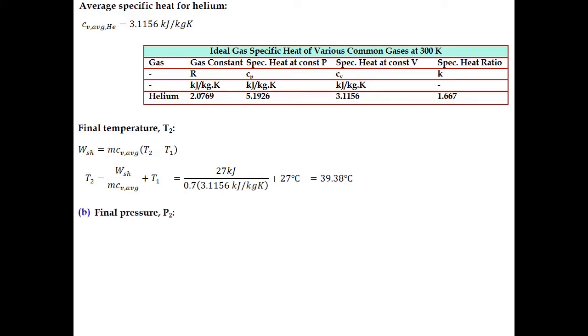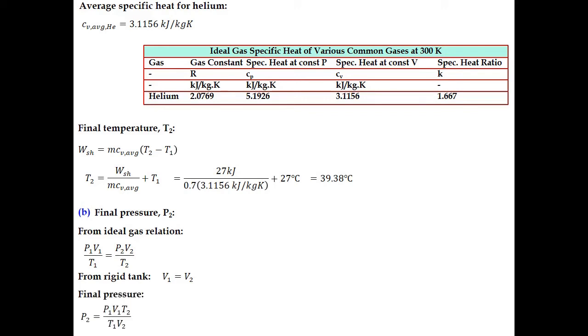Okay, however, the last question is about the final pressure P2. Because this is helium gas, we can use the ideal gas relation, where P1 V1 divided by T1 equals P2 V2 divided by T2. For a rigid tank, the volume is constant, so V1 equals V2.